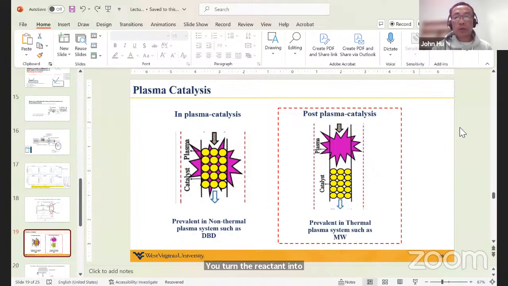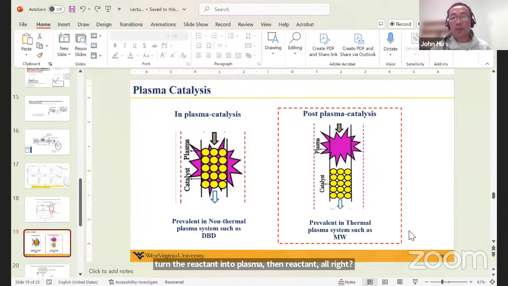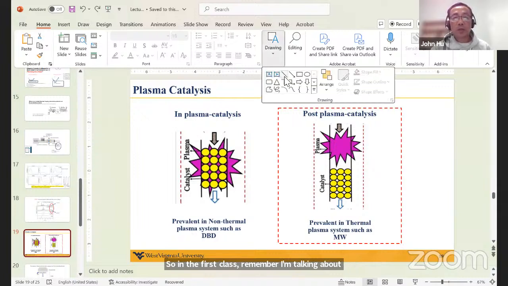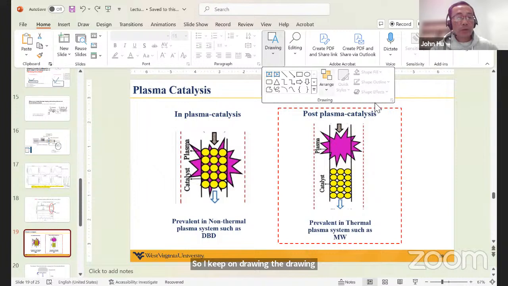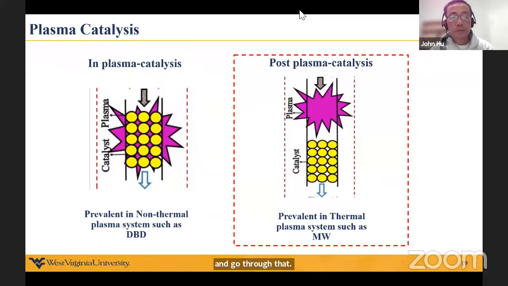So in the first class, remember I was talking about the activation energy. Let me go to the annotation mode. I'm pretty sure you remember this.